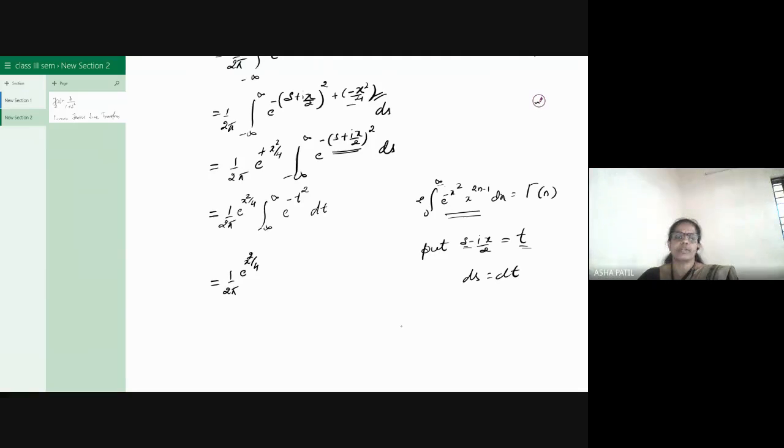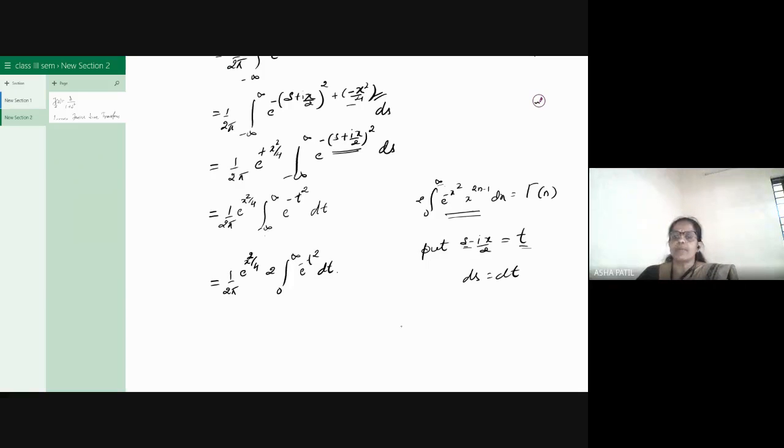Is it not an even function? e raised to minus t square is an even function, and the limits are like minus a to plus a. So by using the property of definite integrals, we'll write it as 2 times integration from 0 to infinity e raised to minus t square dt.